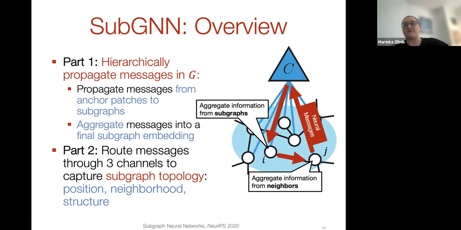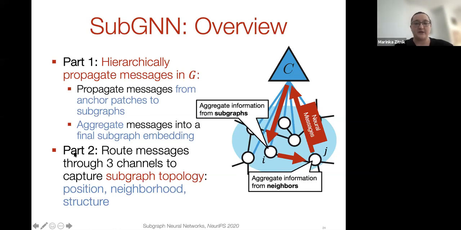A very quick overview of SubGNN, or subgraph neural network, is the following. The method has two core parts. The first part is hierarchically propagating messages in graph G. We specify a message passing scheme that propagates messages from the underlying graph G, this graph with white nodes, to the level of subgraphs, and then that information is aggregated at the subgraph level and passed down to the level of the underlying graph.